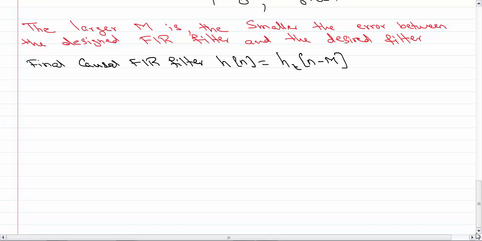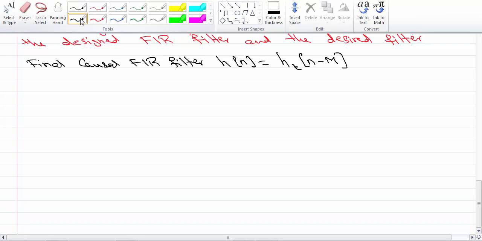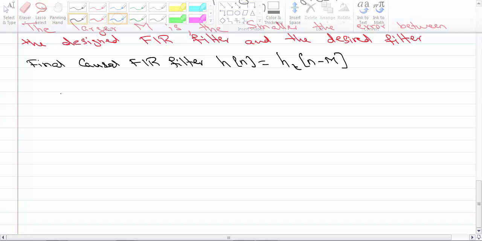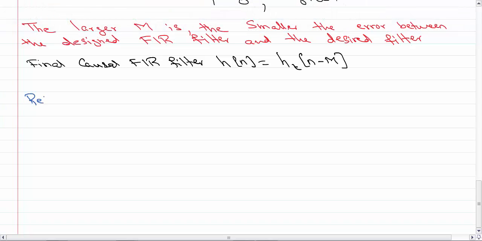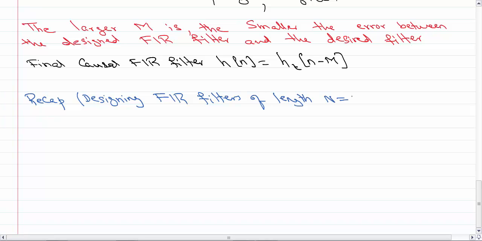Let me just recap that entire discussion. Recap: designing FIR filters of length capital M equals 2m plus 1.